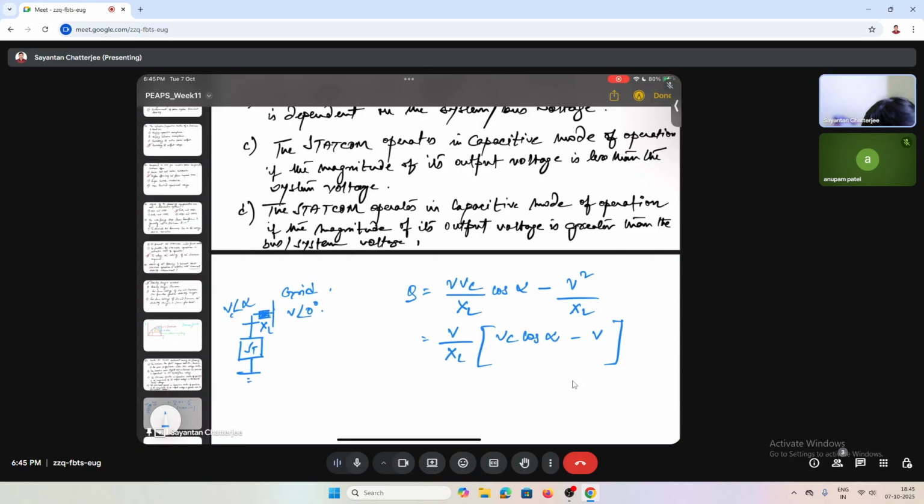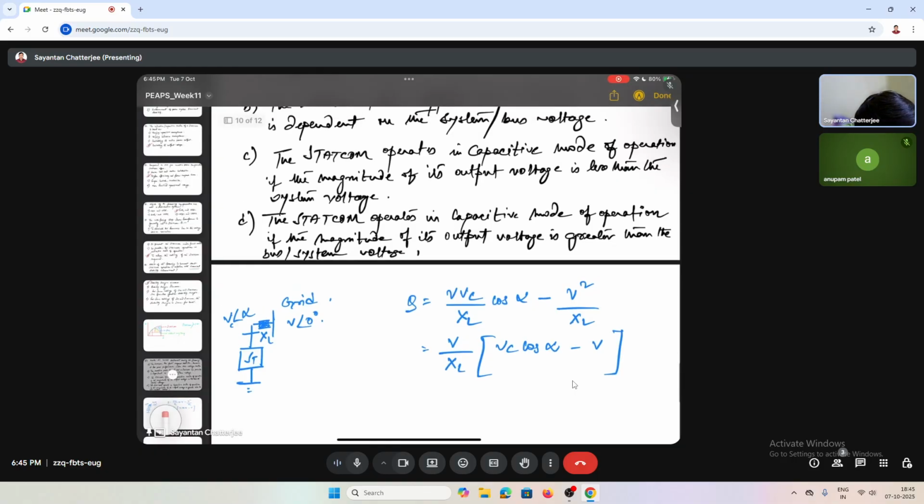What we can observe is that, let's say this is the magnitude of its output voltage, if this output voltage is less, then, another point of operation, what is P?